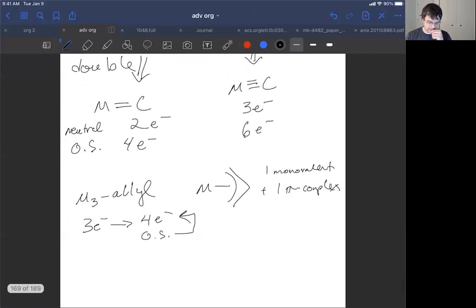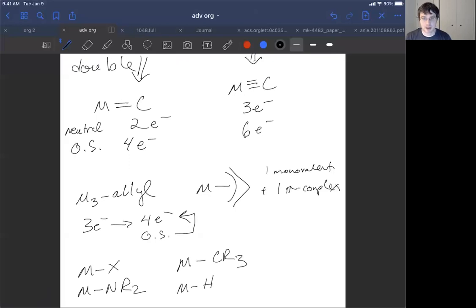Okay, and then the other monovalent ones to consider are just our standard, like halides, amides, that sort of thing. So I could have metal X, metal NR2, metal CR3, metal hydride, sure, and then metal alkoxide.